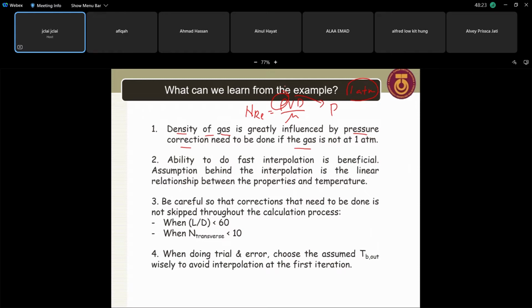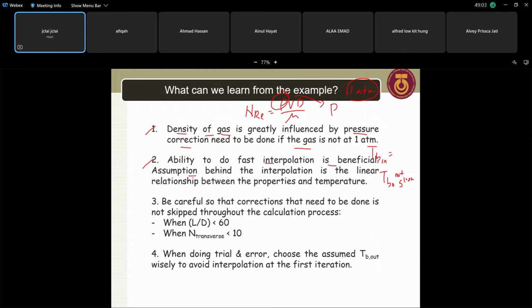Okay, so what else? Second thing, when solving problems regarding convection, your ability to do fast interpolation is beneficial, right? So that's why Dr. Nadia asked about your first assumption, especially for those problems that require you to assume, let's say, TB in is given, but TB out is not given, right?